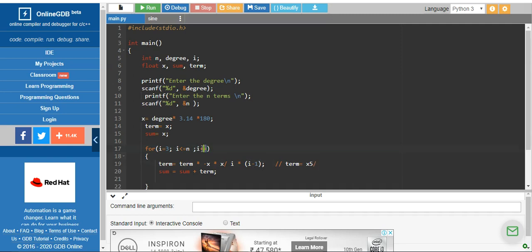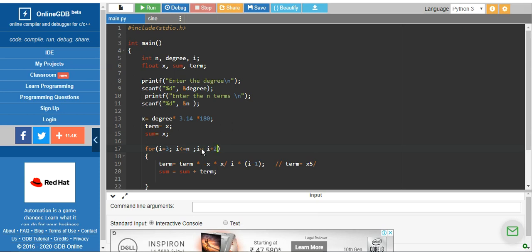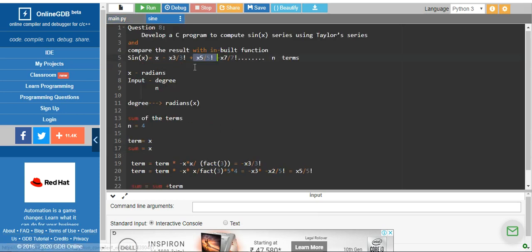So instead of incrementing i value with i plus plus, I will increment i value as i equal to i plus 2. Why we are doing this is in order to obtain the factorial. See here, x square is missing, x cube, x to the power of 4 is missing. It means it is getting jumped by 2 levels.